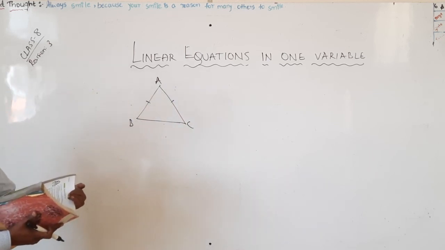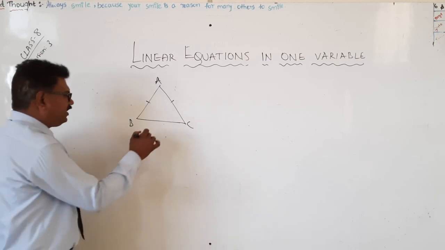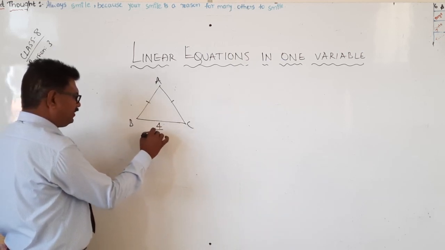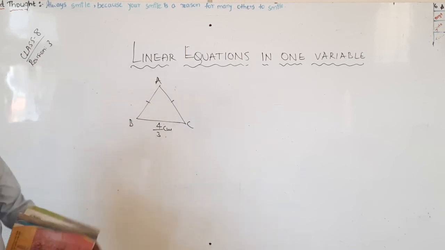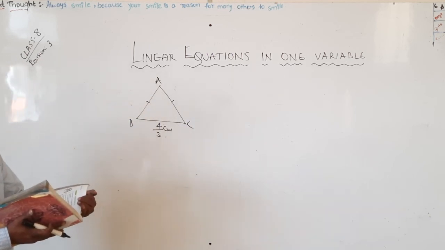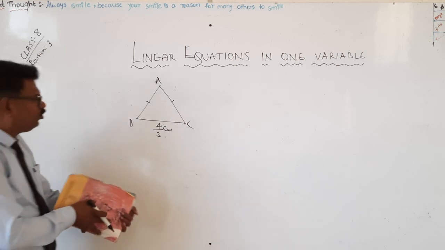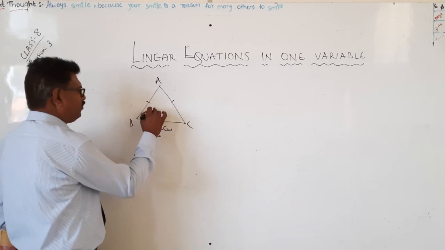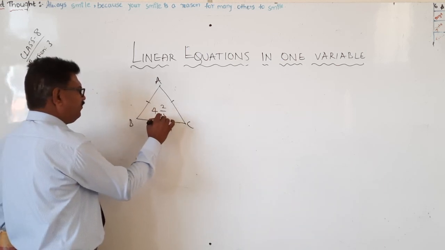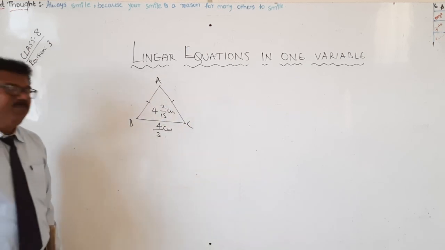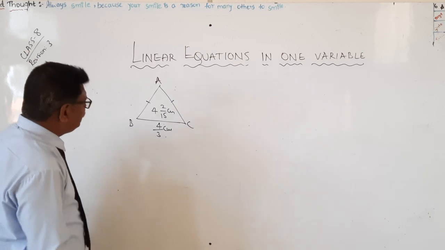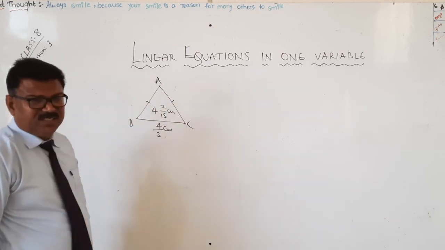Now, the base is 4 by 3 centimeters. And the perimeter is 4 whole 2 by 15 cm. We should find out the sides of the triangle.